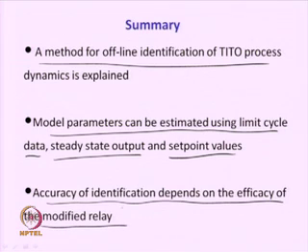Efficacy of the modified relay means one must use correct, appropriate Cn1 and Cn2 to eliminate the ill effects of loop interactions during the relay experiment.